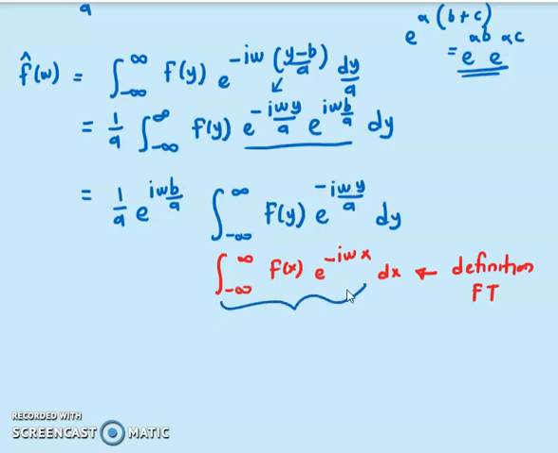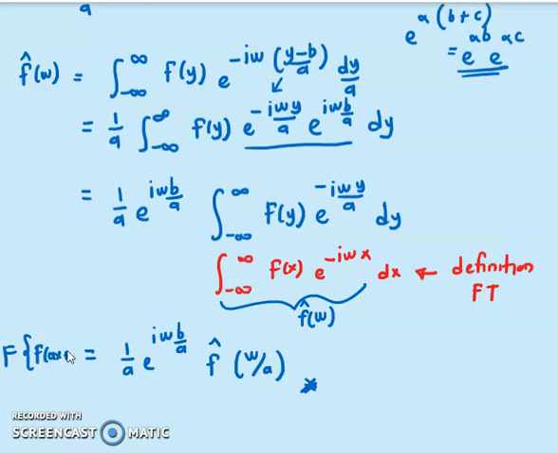This is known as f hat of omega over a, so you will have 1 over a e^(i omega b / a) f hat (omega / a). So I have shown you the Fourier transform of f(ax + b) equals 1 over a e^(i omega b / a) f hat (omega / a), and so on. This is by definition.